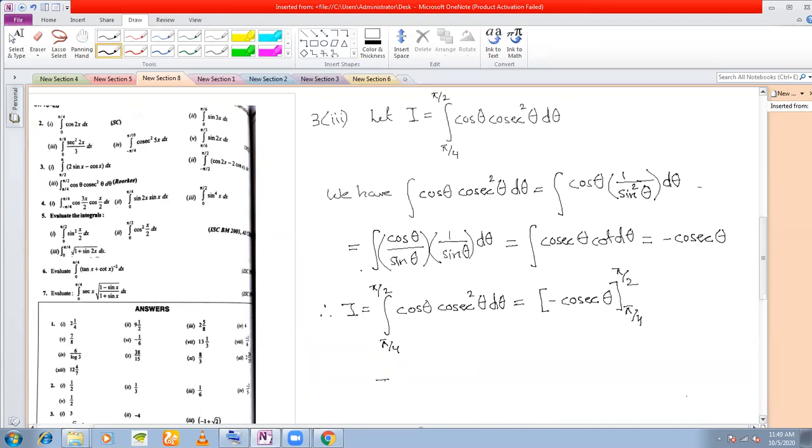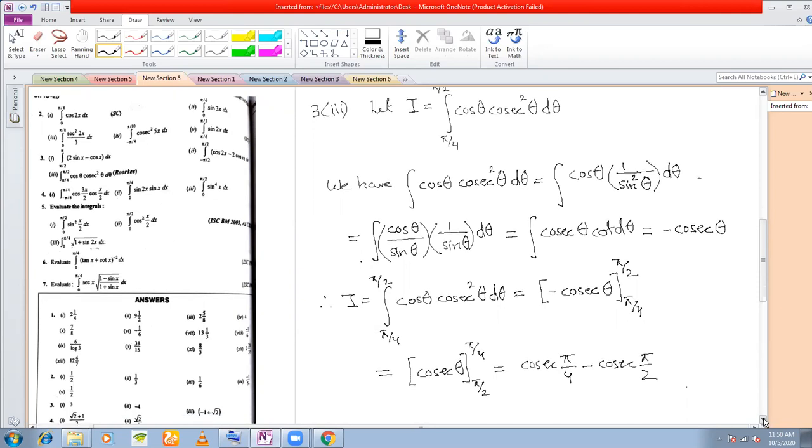Now, if you remove the negative sign outside the brackets, you can interchange the limits. Pi by 4 becomes pi by 2 and pi by 2 becomes pi by 4. So this becomes cosec pi by 4 minus cosec pi by 2.